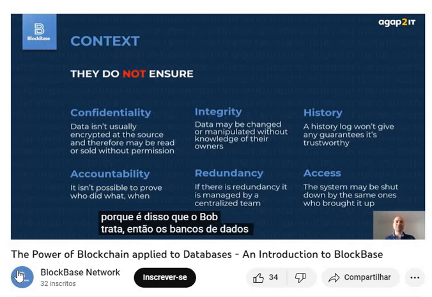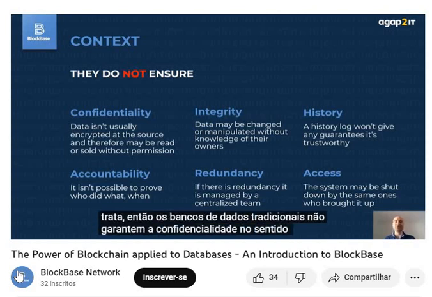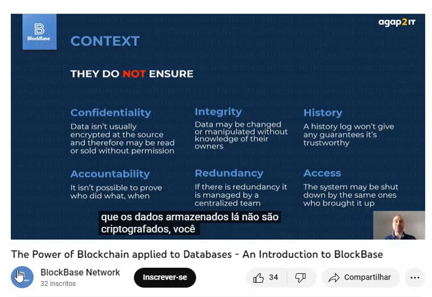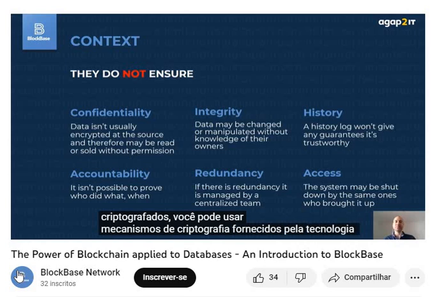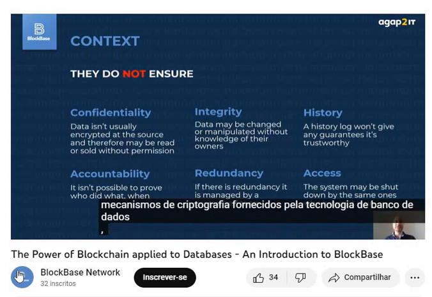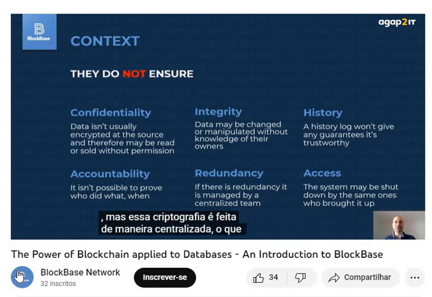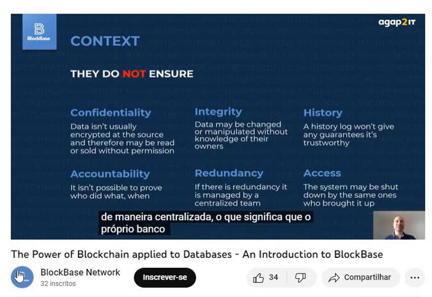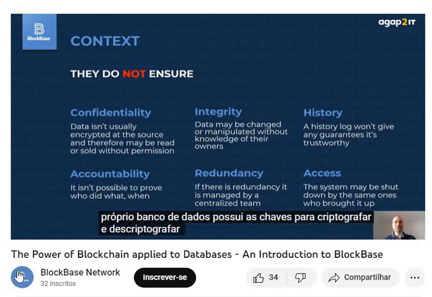Traditional databases do not ensure confidentiality in the sense that the data you store there is not encrypted. You can use encryption mechanisms provided by the database technology, but that encryption is done in a centralized way. That means that the database itself has the keys to encrypt and decrypt the data.